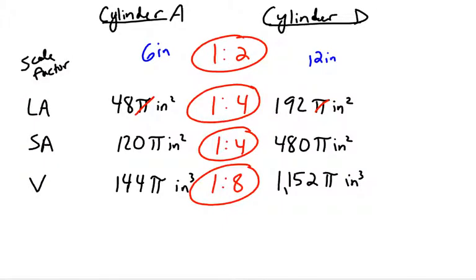Go back to here, and you can see that for 1 to 2, if I square both parts, 1 squared is still 1, 2 squared is 4, and then I've got 1 cubed to 2 cubed for my 1 to 8. That's where I'm getting that from. This is a good one to think about: you're doubling it, but you're doubling it three ways when we're talking three dimensions.